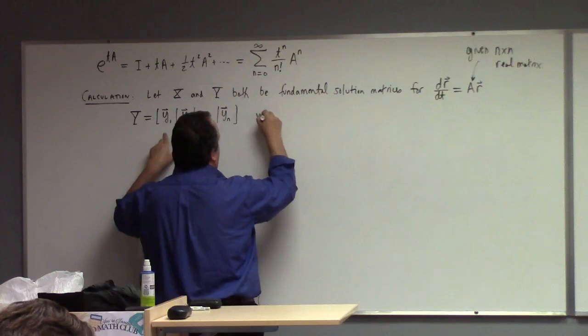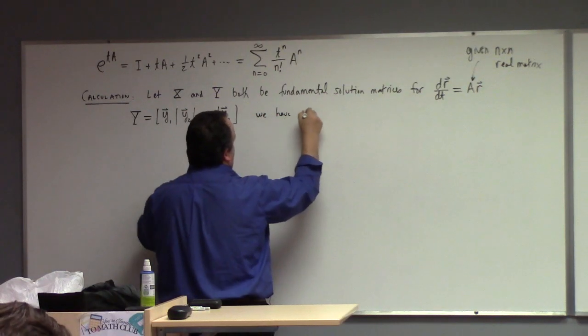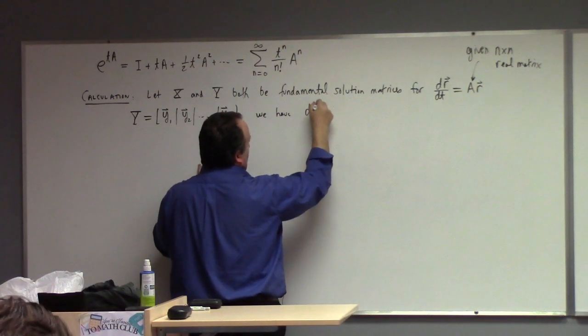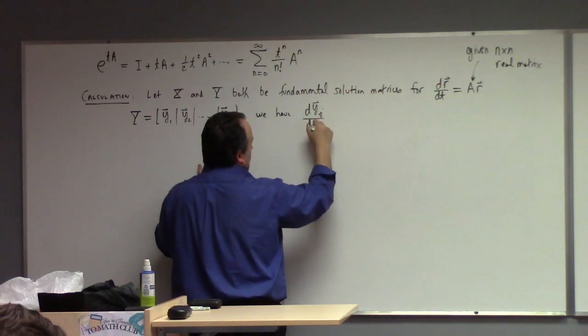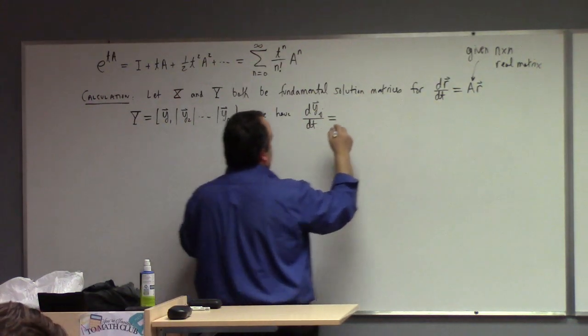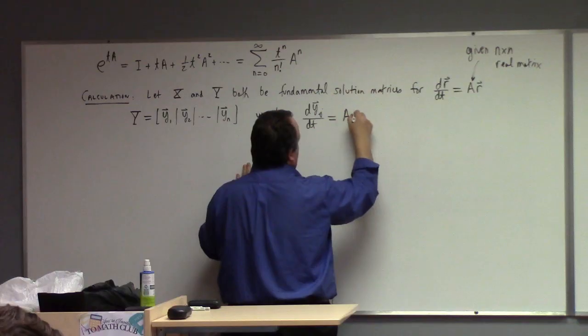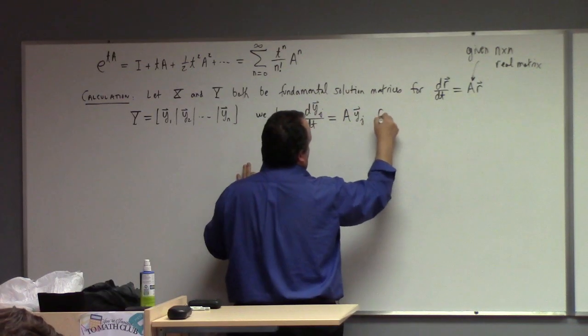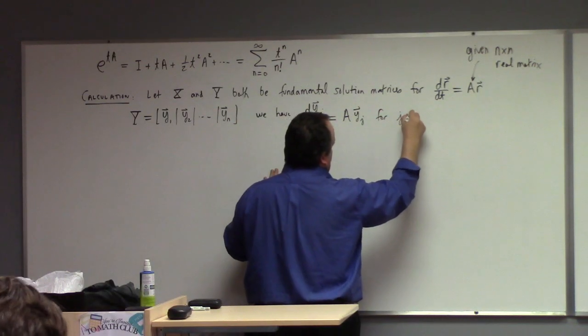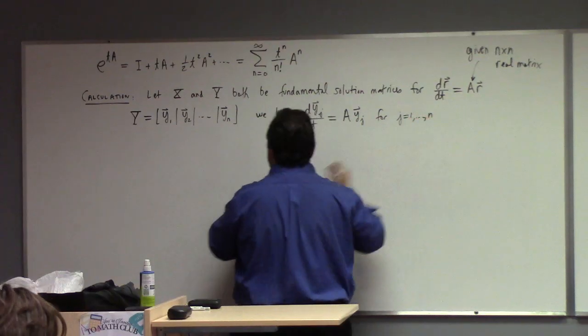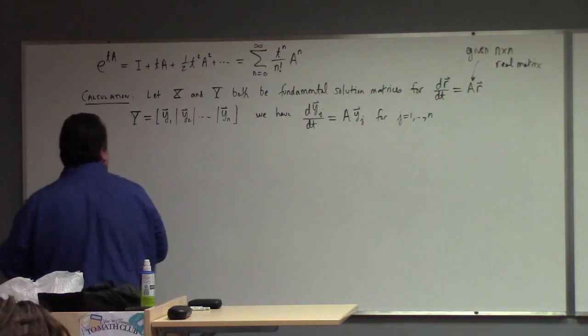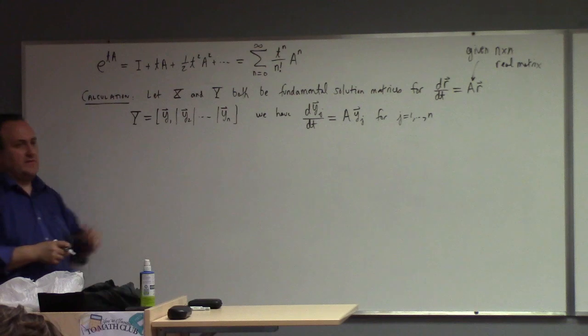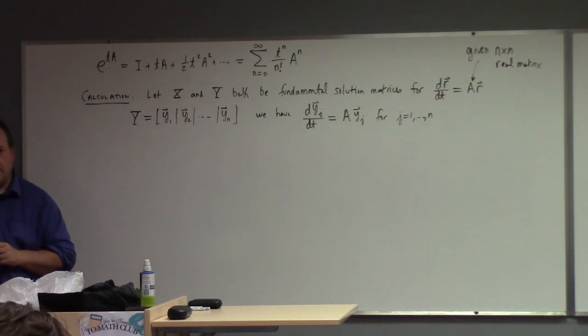So we have that dyj/dt is equal to A times yj for each j, 1 through n. So these are solutions to the homogeneous problem, right?